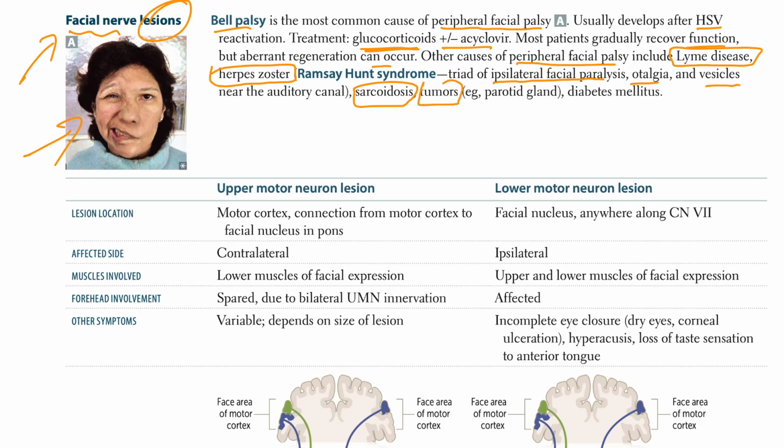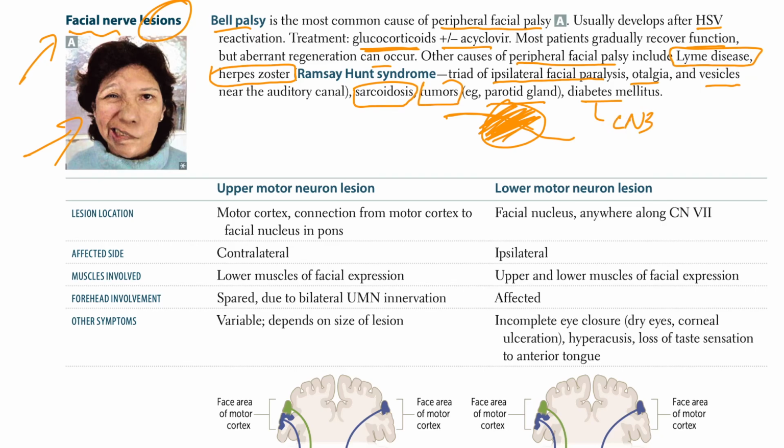Tumors, for example parotid tumors: as the facial nerve passes through the parotid gland, a parotid gland tumor can obstruct the facial nerve. And diabetes mellitus can affect cranial nerve 7, although diabetes most commonly involves cranial nerve 3.